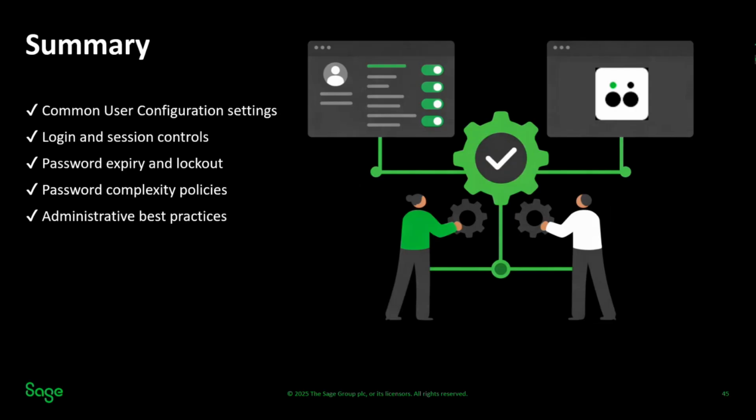So user configuration is a core responsibility of Sage CRM administrators. When we correctly configure the system, we make sure that we are protecting it securely, and we can make sure that the whole system is properly governed, and we enhance the user experience that way.